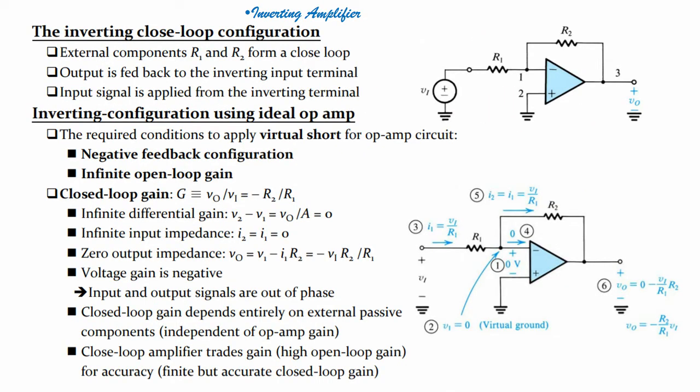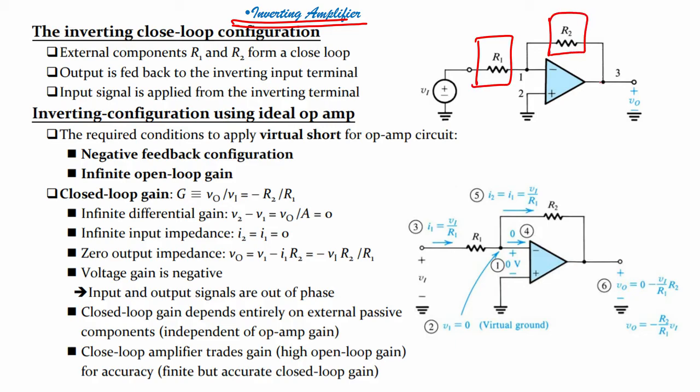Now, let us see the inverting amplifier. How can we design a circuit of an inverting amplifier using an op amp? In the inverting closed loop configuration, external components R1 and R2 form a closed loop. Here you can see R1 and R2.